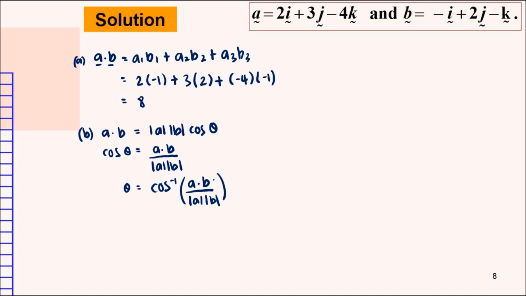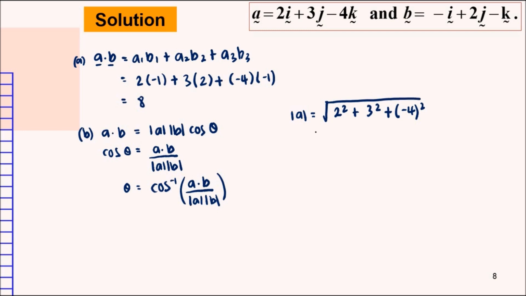What we already have here is the value for A dot B. Now we need to find the magnitude of A and the magnitude of B. To get the magnitude of A, we need to find the square root of 2 squared, A1 squared, plus 3 squared, A2 squared, plus A3 squared, so negative 4 squared.